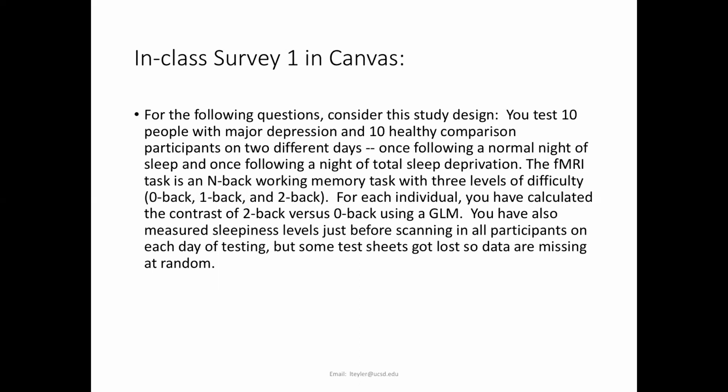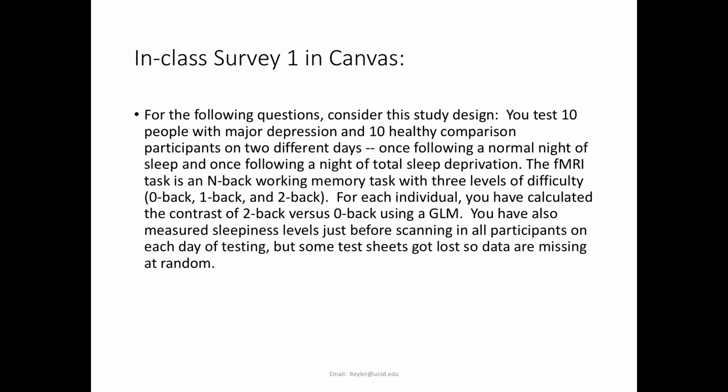Okay. So for all of the questions, this is the setup. Consider this study design. You test 10 people with major depression and 10 healthy comparison participants on 2 different days, once following a normal night of sleep and once following a night of total sleep deprivation. The fMRI task is an n-back working memory task with 3 levels of difficulty: 0 back, 1 back, and 2 back.